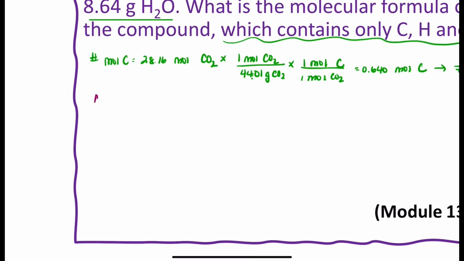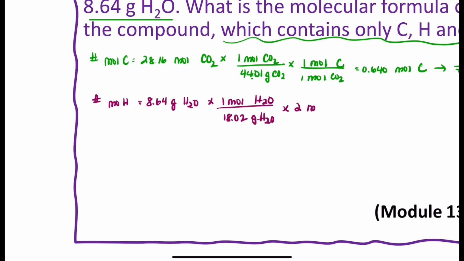Do the same thing for the number of moles of hydrogen. 8.64 grams of water, divided by 18.02 grams per mole of water, with 2 moles of hydrogen for every 1 mole of water.